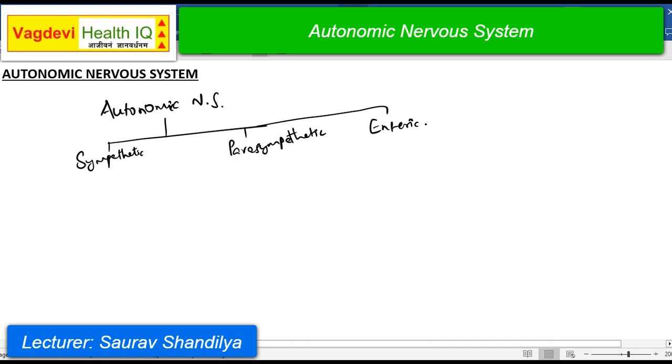So sympathetic, parasympathetic, and enteric. Enteric also has two parts.